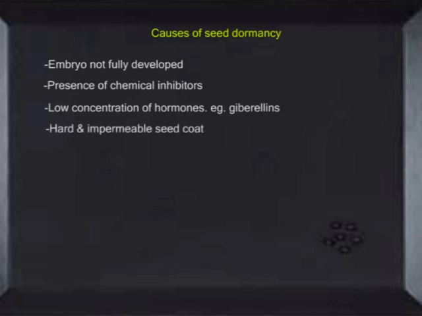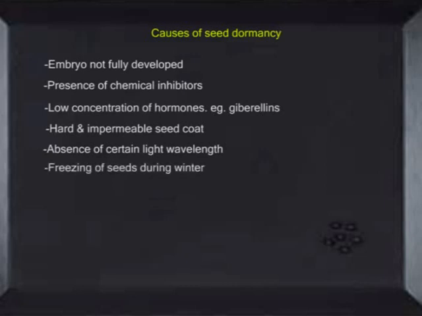Hard and impermeable seed coats prevent entry of air and water in some seeds like wattle. In some seeds, the absence of certain wavelengths of light makes them remain dormant, for example in some lettuce plants. Also, freezing of seeds during winter lowers the enzymatic activities, rendering them dormant.